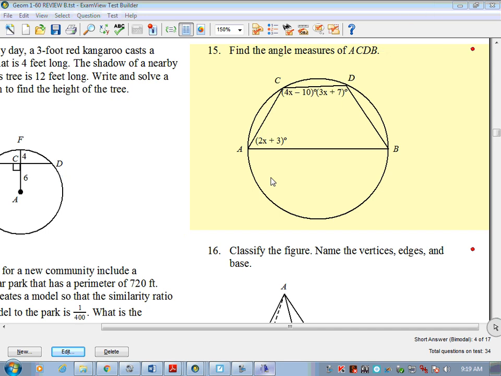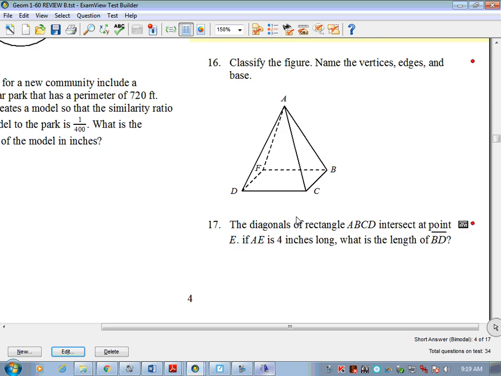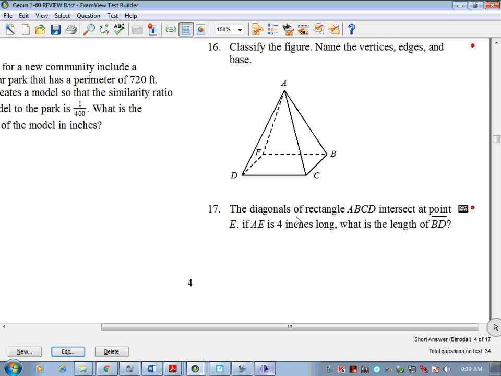All right, 16. Classify the figure, name the vertices, edges, and the base. So this is going to be one of those answers where the answer is in your work. It says classify the figure.